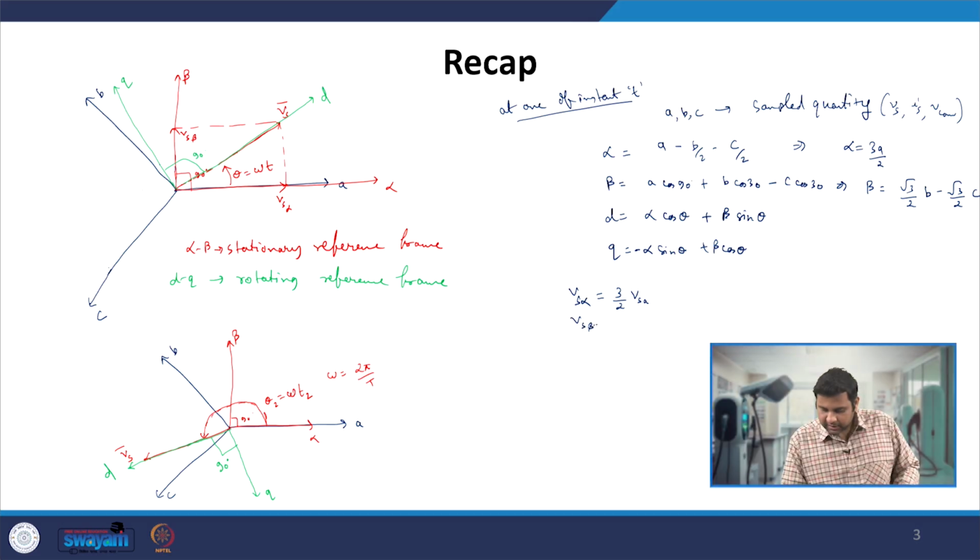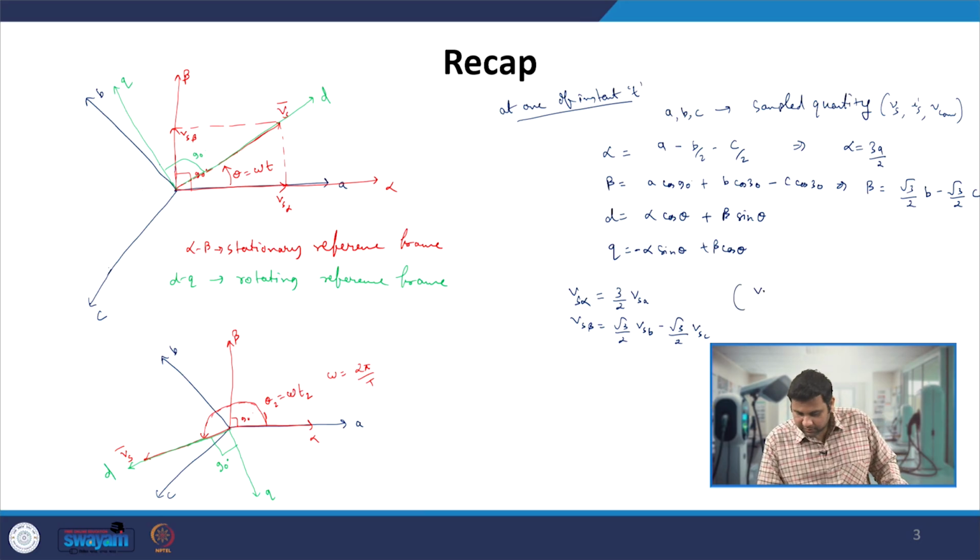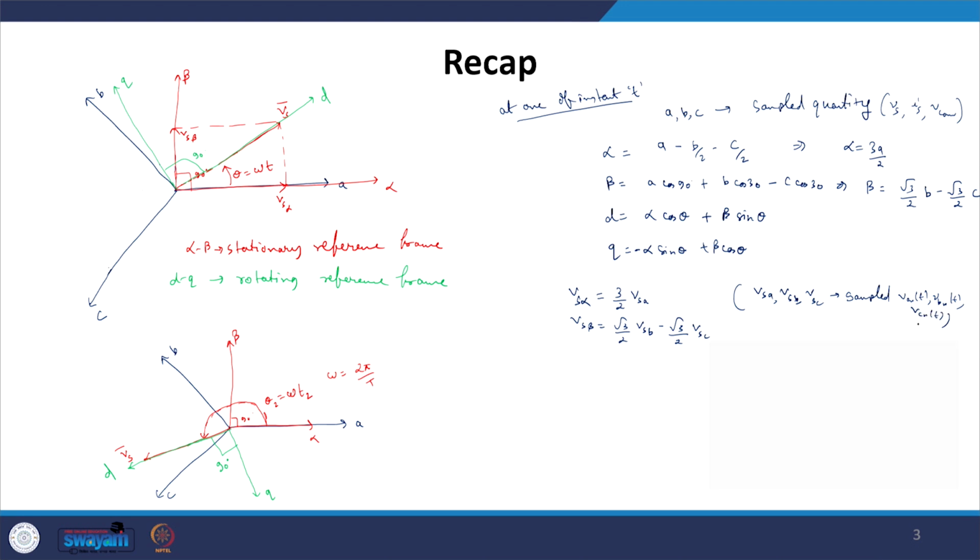Vs beta is root 3 by 2 Vsb minus root 3 by 2 Vsc, where Vsa, Vsb, Vsc are the sampled Van of t, Vbn of t, and Vcn of t at one time instance.